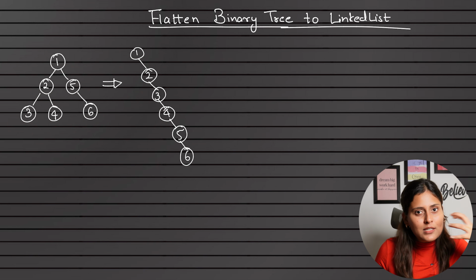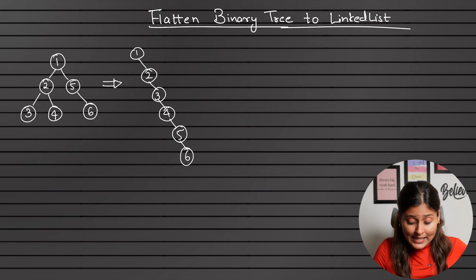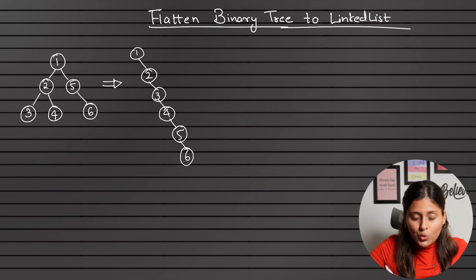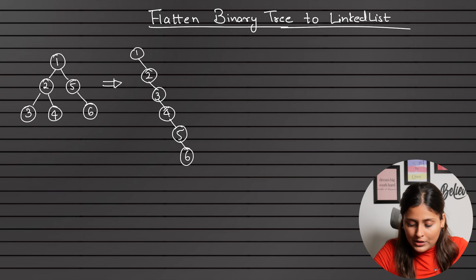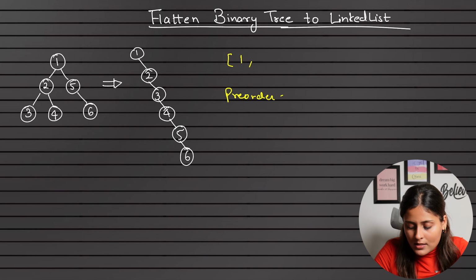So the very first approach which should hit your mind is, why not do the pre-order traversal for this. So if we do pre-order traversal, first we will write root, because what does pre-order say? Pre-order says first root, then left, and then right.